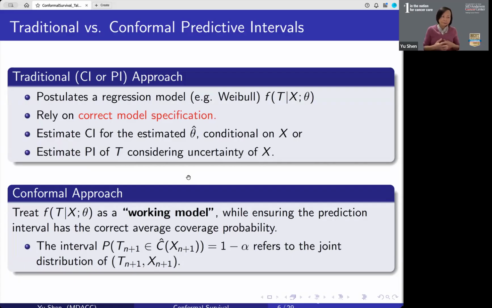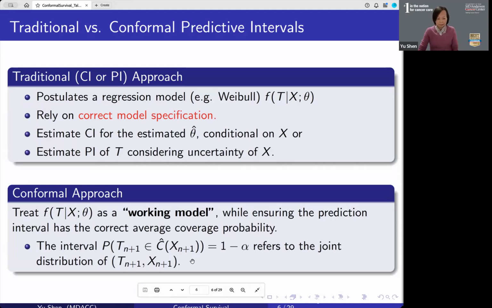One unique aspect of the conformal approach is that we don't have to have a correct regression model specification. We just treat the regression model, which associates the outcome variable with covariates X, as a working model. In the meanwhile, we can ensure the prediction interval has a correct average coverage probability.